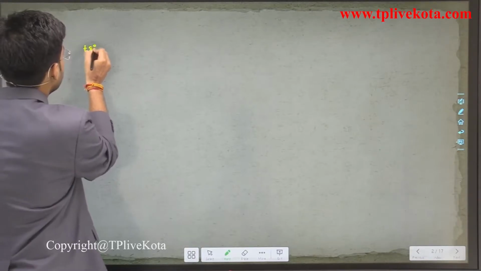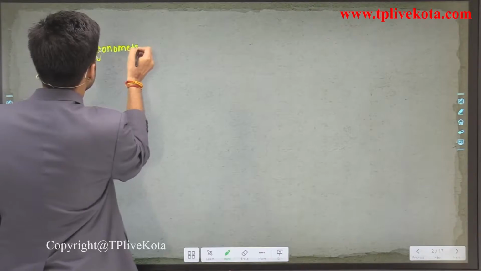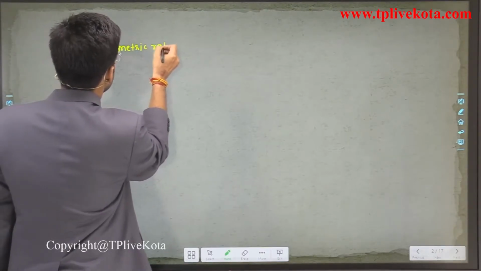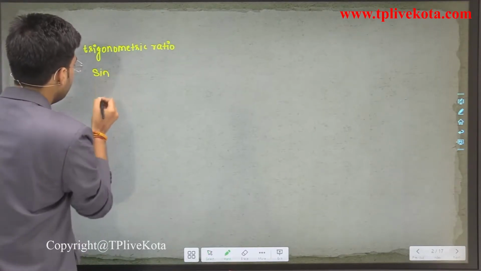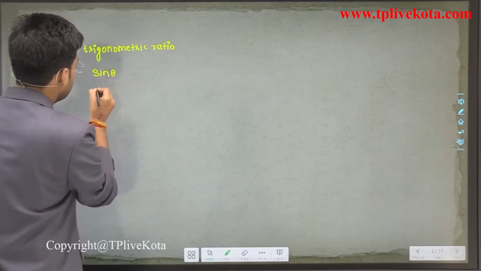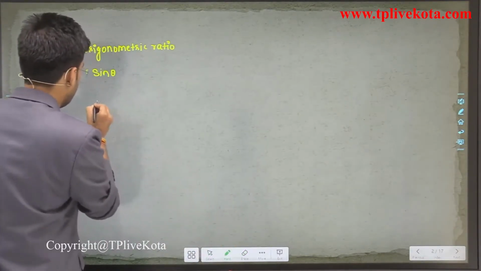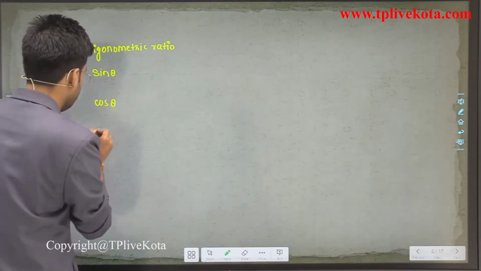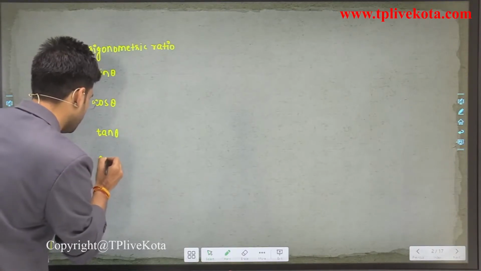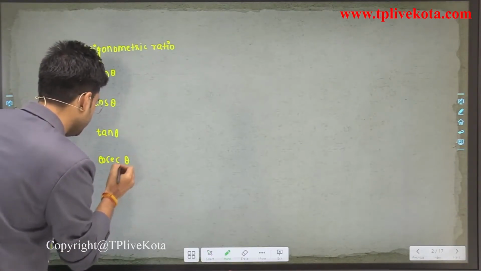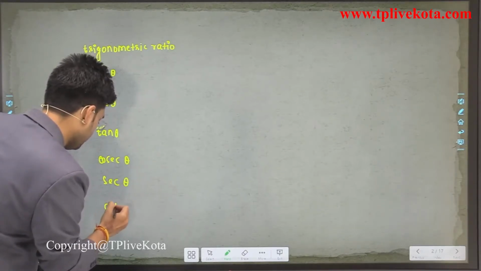we discussed that we have six trigonometric ratios, and these ratios are sin theta, cos theta, tan theta, cosec theta, sec theta, and cot theta.